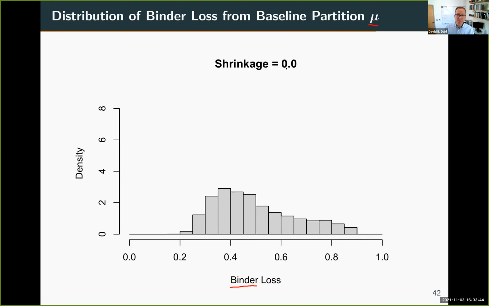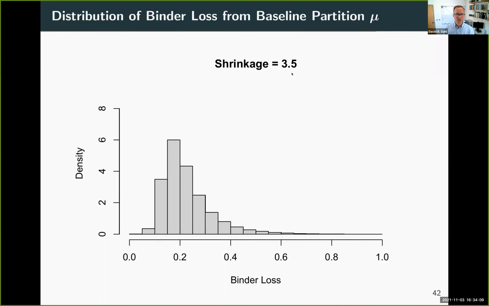Now, as we increase the shrinkage, we expect there to be smaller distance from the baseline. And in fact, that's what happens. As we increase the shrinkage, we pull the distribution towards the baseline partition. And so that's why we call our method the shrinkage partition distribution, because we're shrinking the partition distribution towards the baseline.